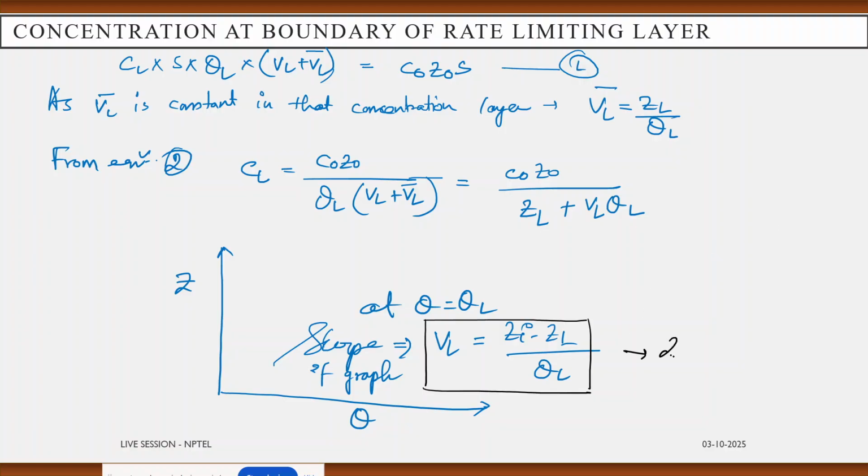So from here we can have Zi equals to ZL plus theta L VL.